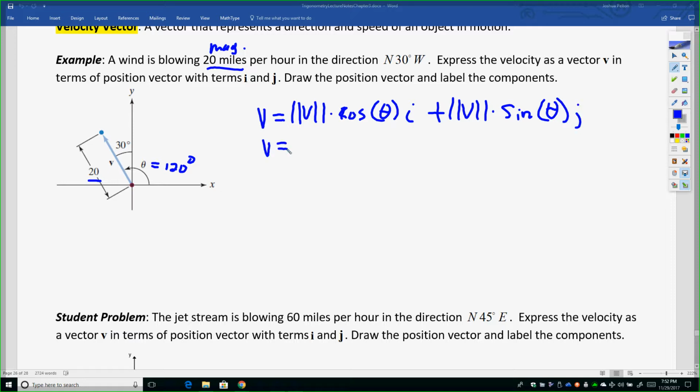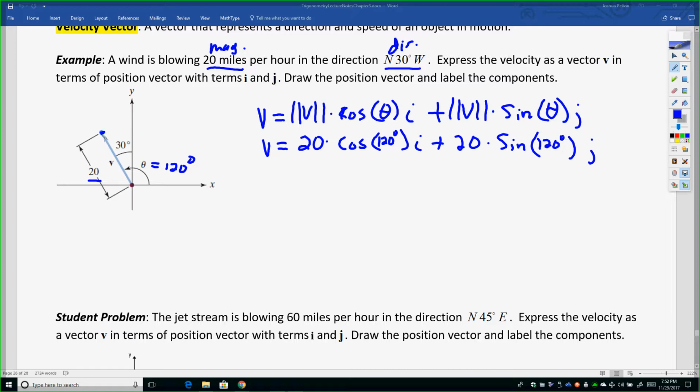All we know is the magnitude and the direction. The magnitude is 20 here, so 20 times cosine, and 20 times sine. And of course, we do not use the bearing in this; we use the trig angle, which is 120. So we need the values of those now.